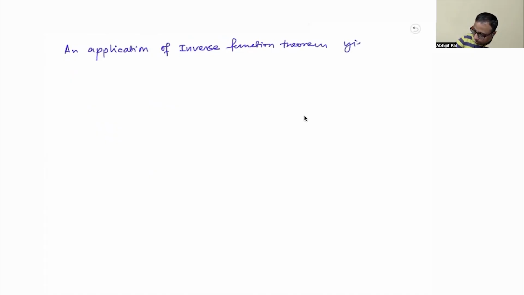And as an application of inverse function theorem, we have the following thing. An application of inverse function theorem yields the following.